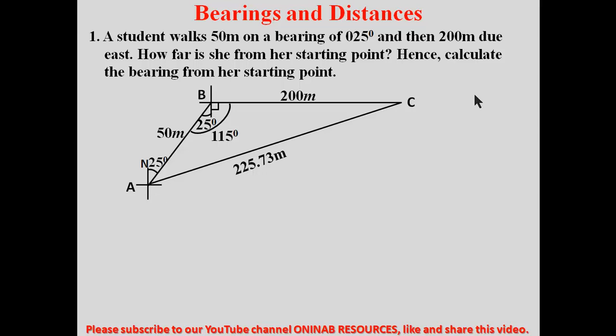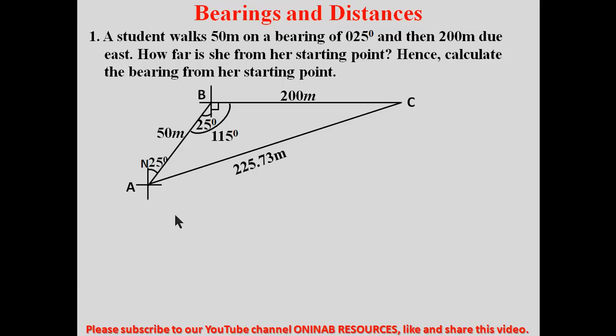This is her starting point. This is where she is now. So the bearing from there will be from this North Pole up till the line joining A and C. We need to calculate the angle from the North Pole up to the line joining A and C. So to do that, we need this angle A.